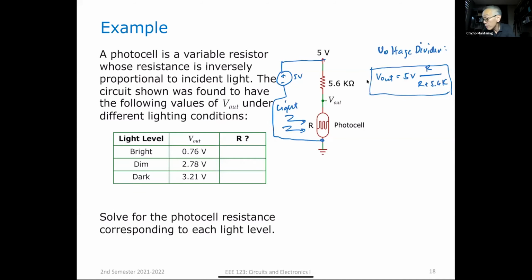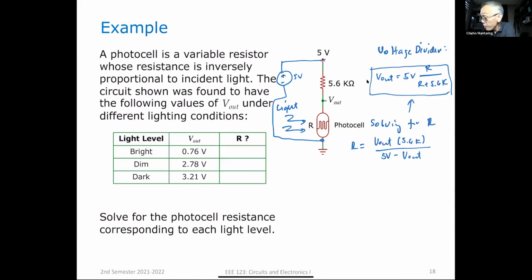Okay. If you solve for R here, I'm going to get R is equal to V out multiplied by 5.6K divided by 5 volts minus V out.